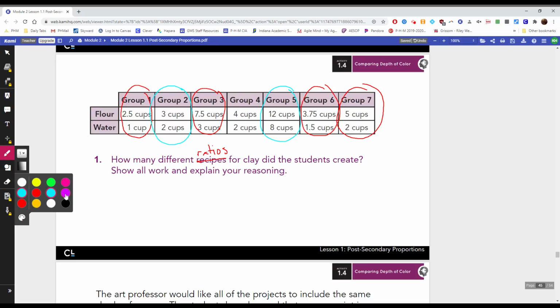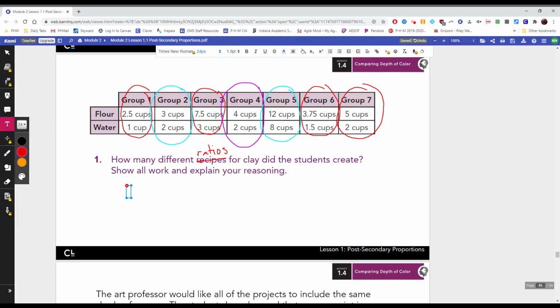And then there's actually one more here. We have group 4, where it's 2 cups of flour to 1 cup of water is what the simplified unit rate would be. So when we're talking about how many different recipes, there are 3 different recipes.